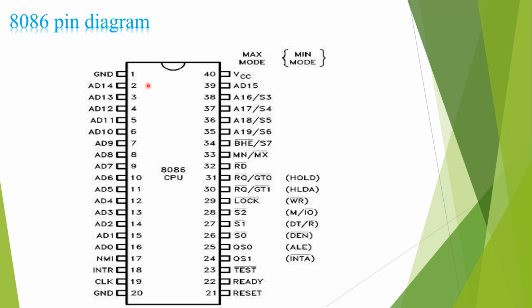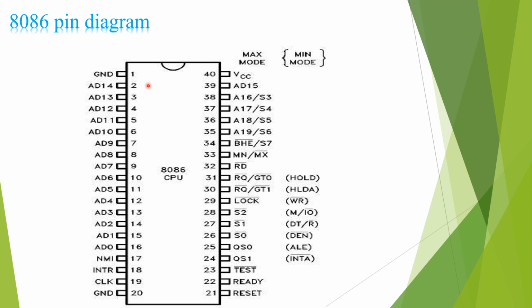These are the 16 address as well as data bus lines. AD0 to AD7 carry the low order byte of data and AD8 to AD15 carry the higher order data byte. First it carries the 16-bit address and after that it carries 16-bit data.